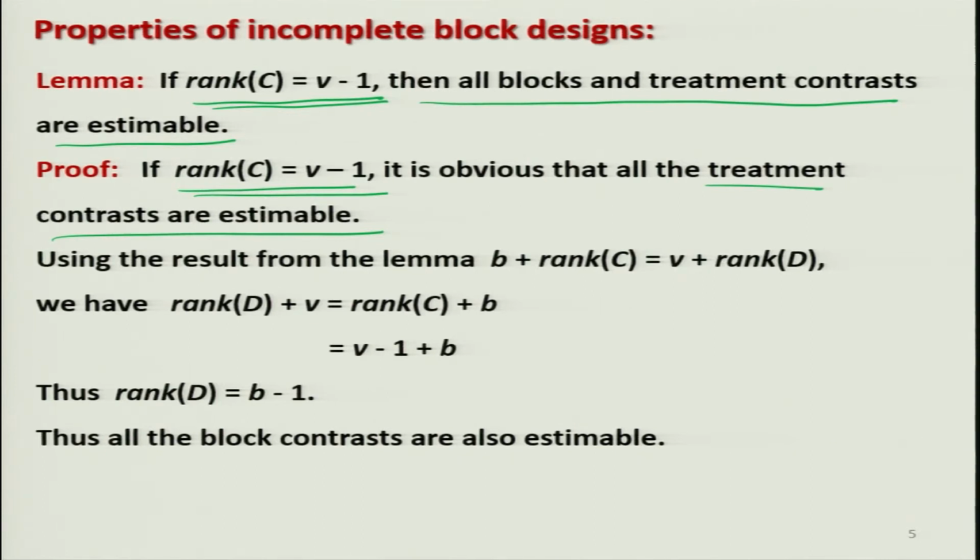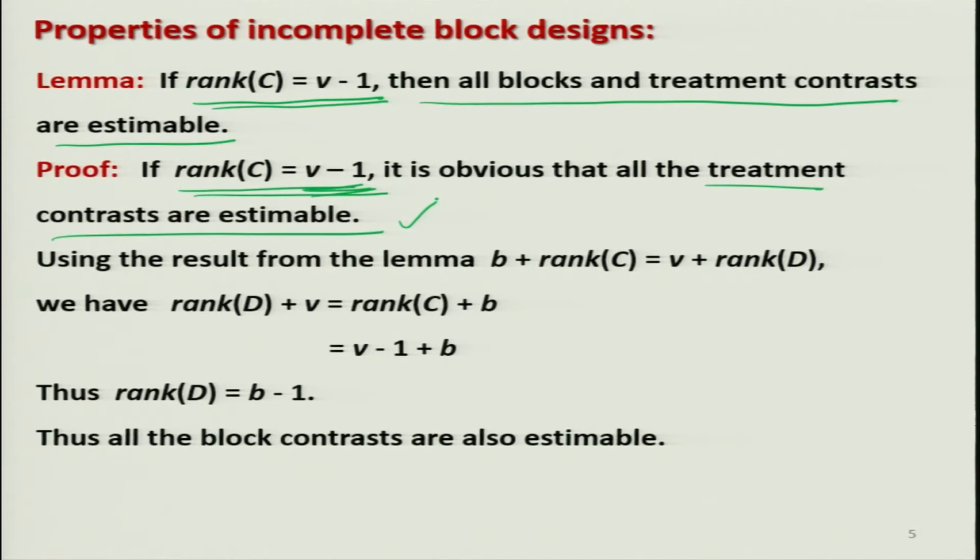So what we had done was to make the rank of the corresponding matrix deficient by 1. That is what we are saying here: if the rank of the C matrix becomes deficient by 1, then the treatments have to be expressed in the form of contrast, and then they are going to be estimable.